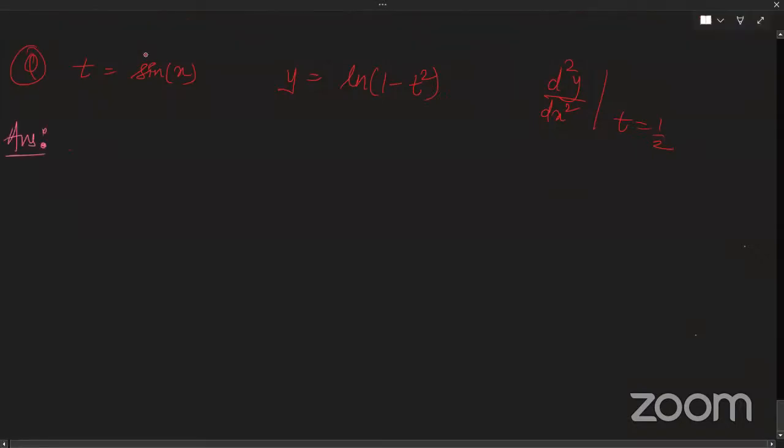I will calculate my value of y dash t. Can you tell me the derivative of ln of 1 minus t square?